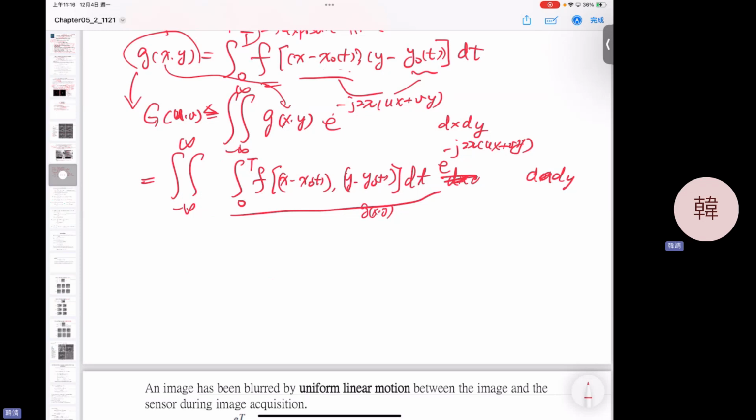Now we are going to do a small trick. We change the order and take the dt to the outside of the dx dy.